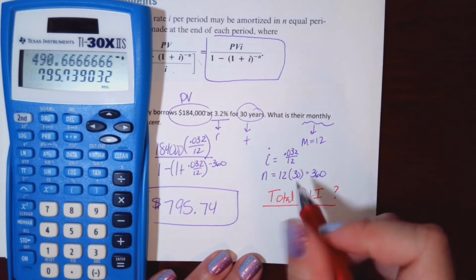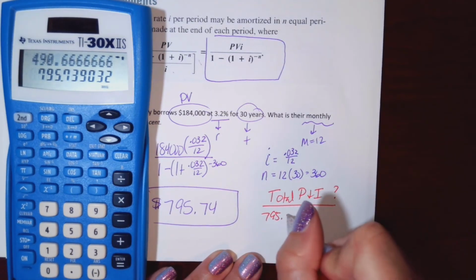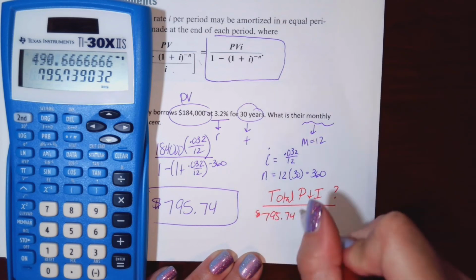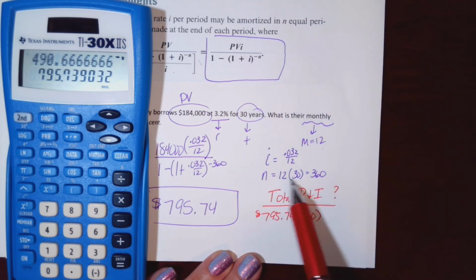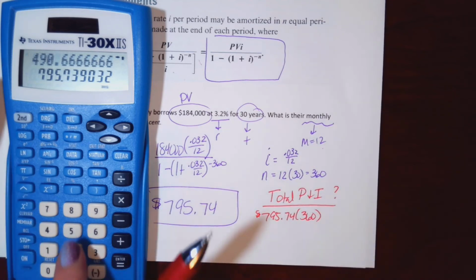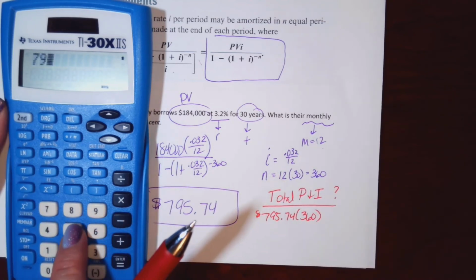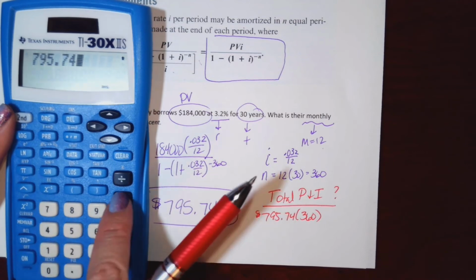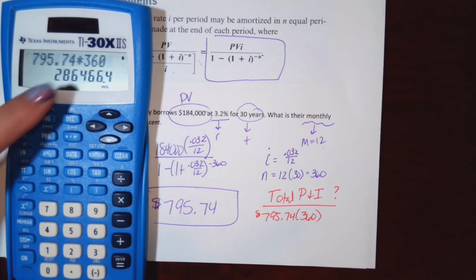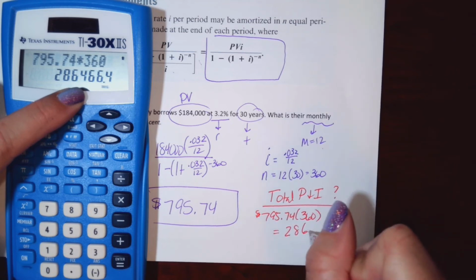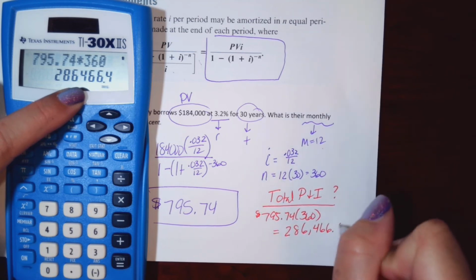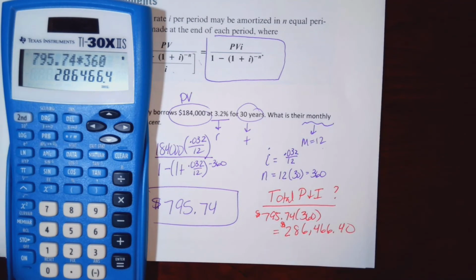Well, we're going to be making that payment, $795.74. That's our payment. We would make it 360 times because we're making monthly payments over 30 years. So if I take that payment, $795.74, 360 times, the principal and interest is going to be $286,466.40.